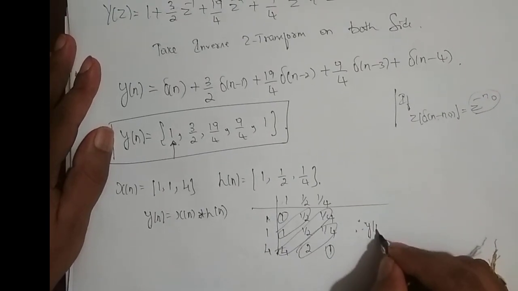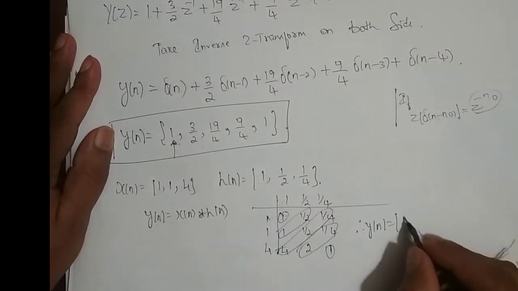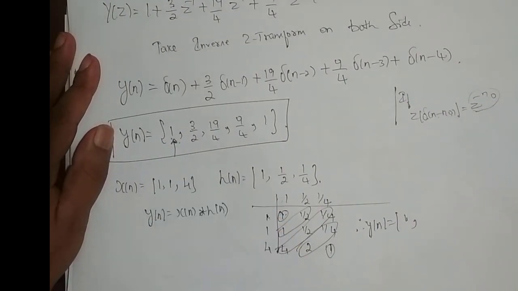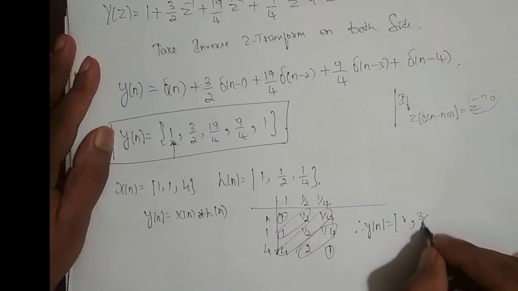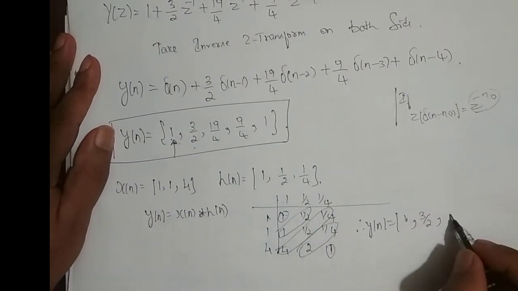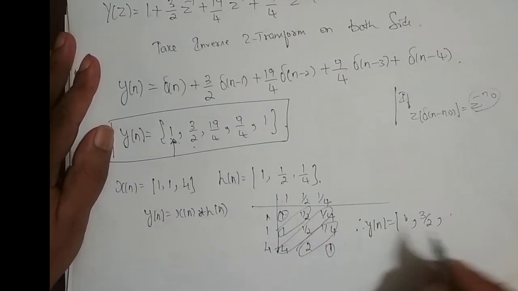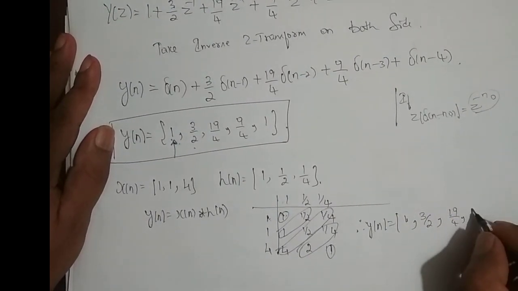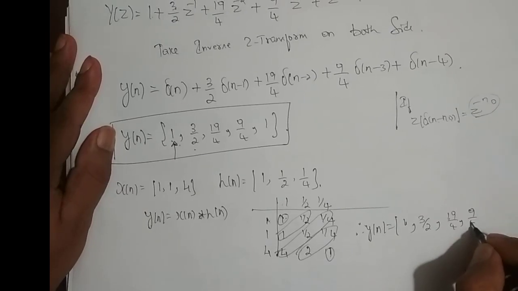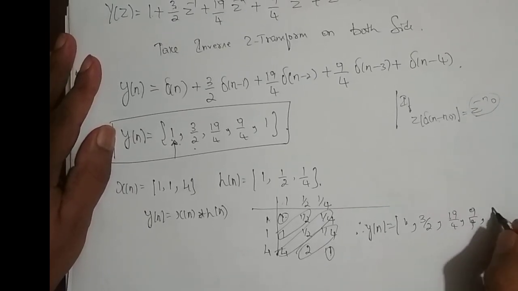Therefore I get y of n as this: 1, which is matching, and 1 plus 1 by 2 is 3 by 2, which is matching, and 4 plus 1 by 2 plus 1 by 4, we get 19 by 4, you just check it, and 2 plus 1 by 4 is 9 by 4, and the last sequence is 1.